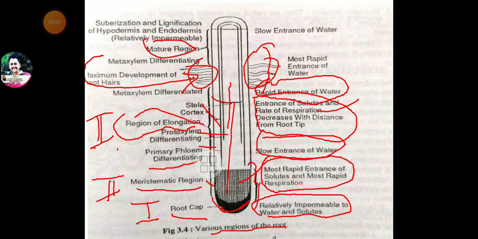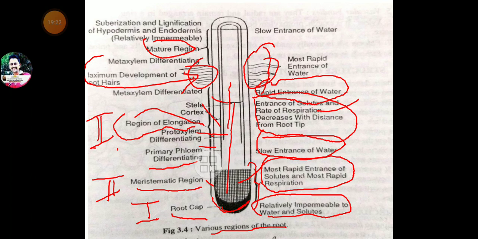The third type is hygroscopic water, the water present around the soil particles in the form of a thin vapor layer.